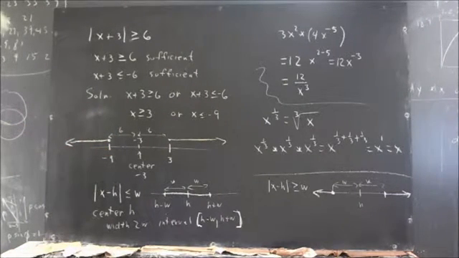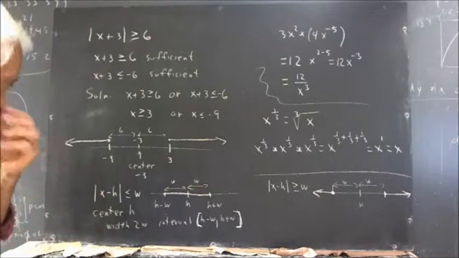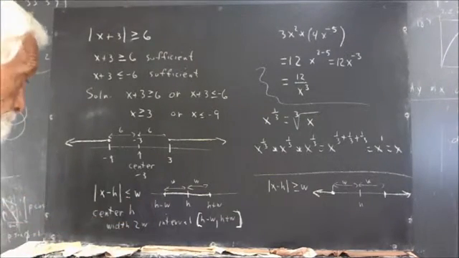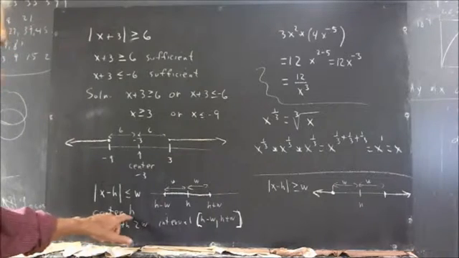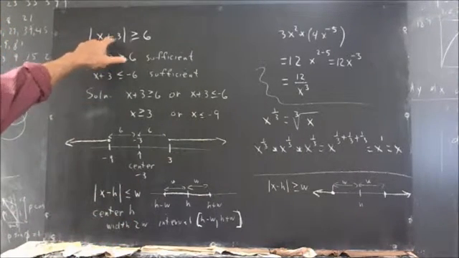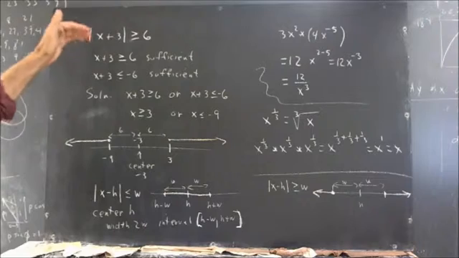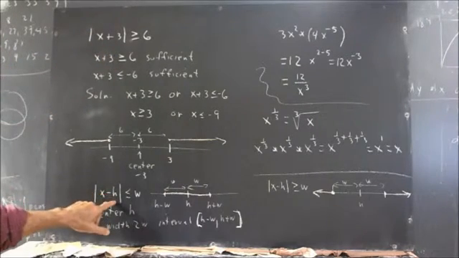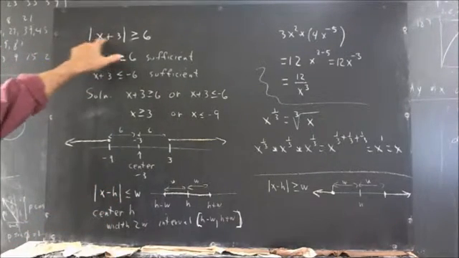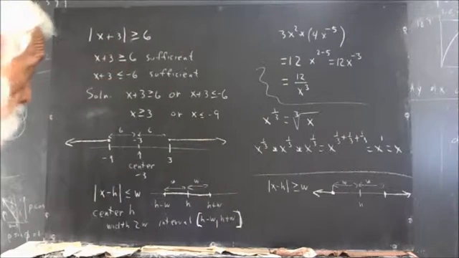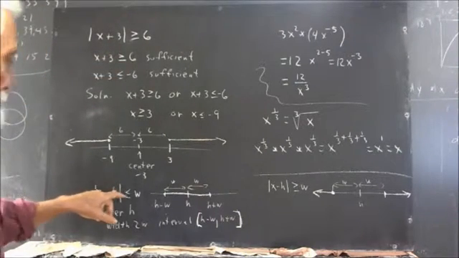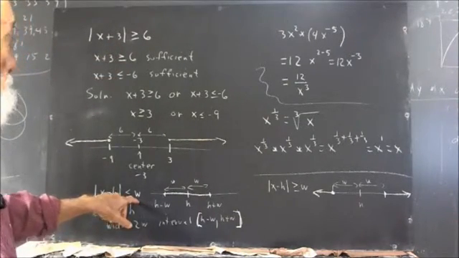So, we can generalize and say the absolute value of x minus h less than or equal to w is centered at h. Just like this is x plus 3, that's like x minus negative 3. So if h was negative 3, we would have absolute value of x plus 3, and that's less than or equal to w.